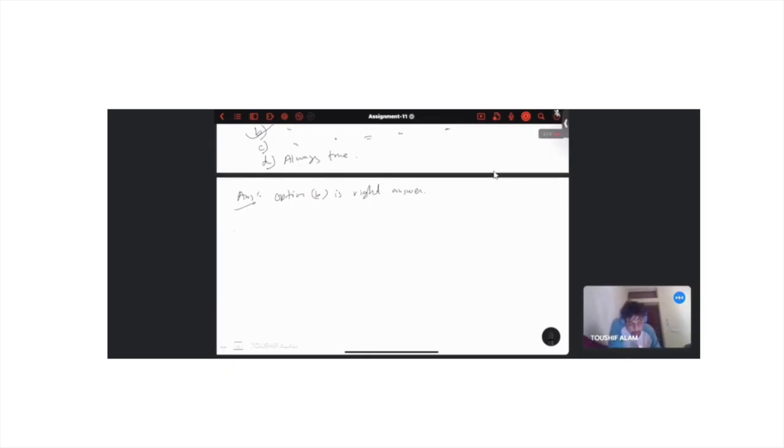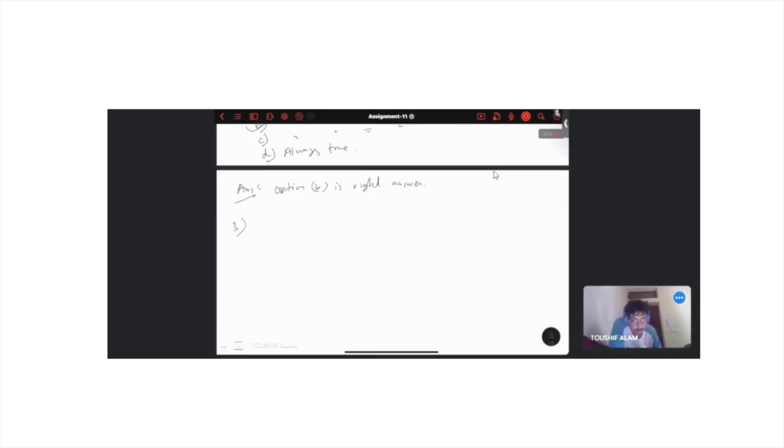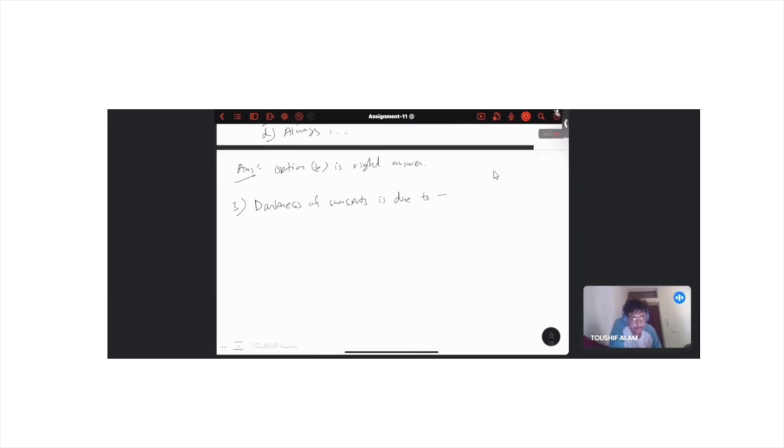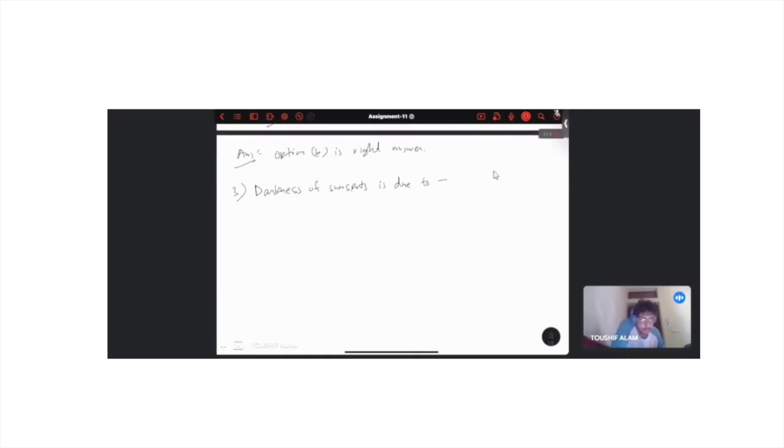So question number 3: darkness of sunspots is due to what? The inhibition of thermal convection by the magnetic stress inside sunspots.